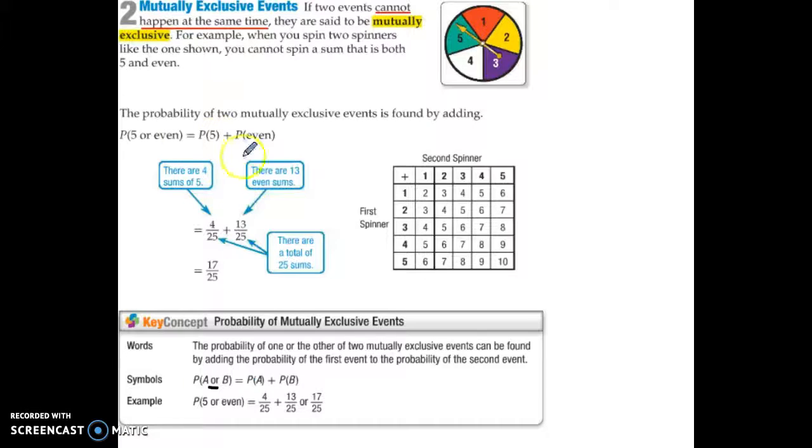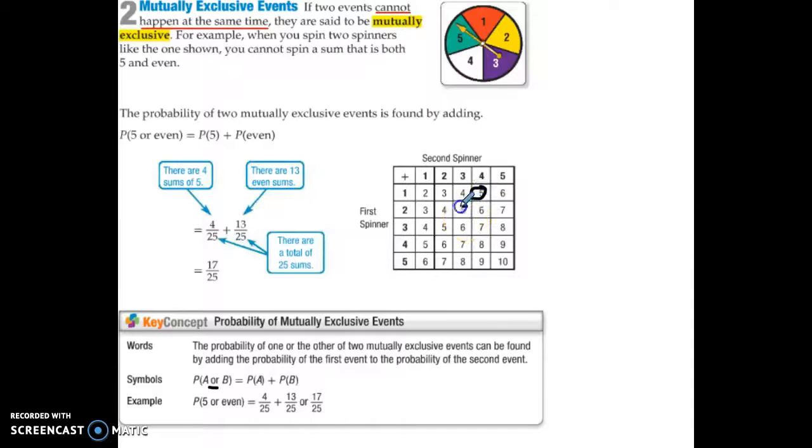Alright, so here they want to know the probability of spinning a 5 or an even. Well, here are all the possible outcomes by spinning the spinner 2 times. I'll circle them.